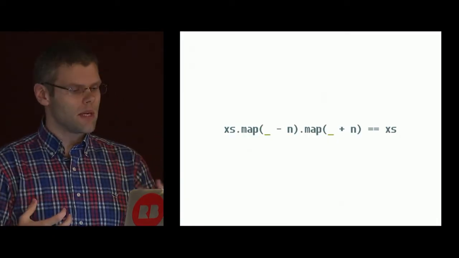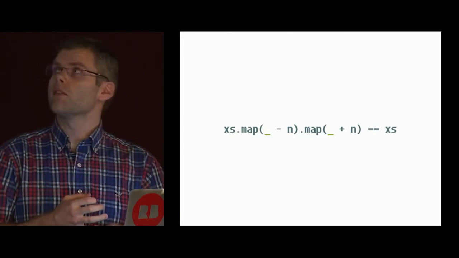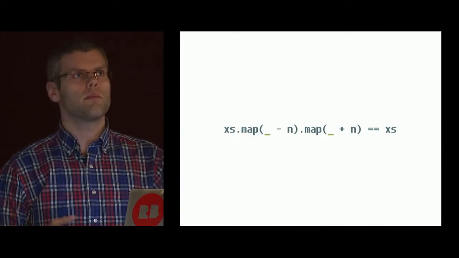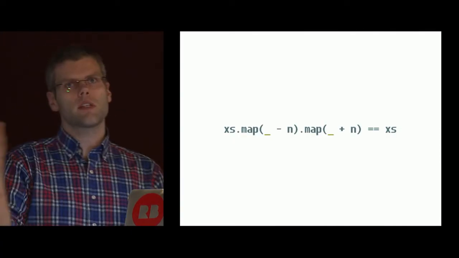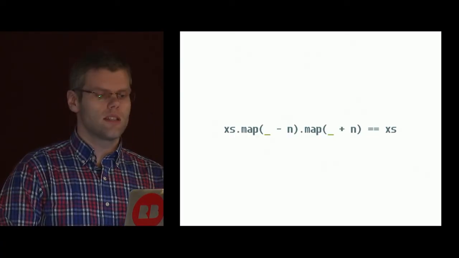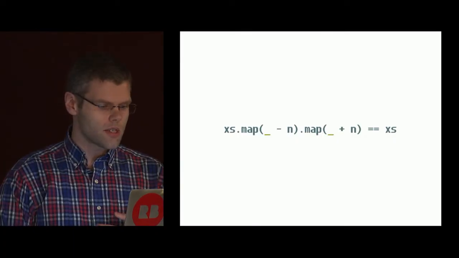Yeah? Makes sense? But what if n has a side effect? Right? So if n has a side effect, then this is clearly not going to be the same, right? n could throw an exception. It could be null. So xs could actually just be a list, and then this other expression could be throwing a null pointer exception.